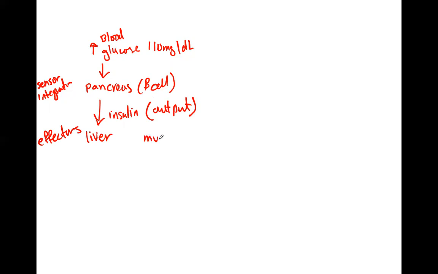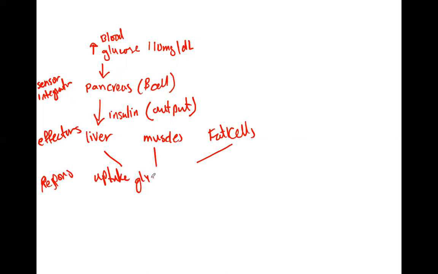It could be your muscles, typically your skeletal muscles, or basically the cells in your body, as well as fat cells. So the effect or the response as a result of this, when they see the insulin, what they do, they uptake glucose and convert that to glycogen.